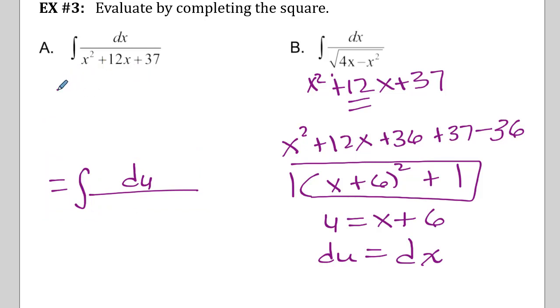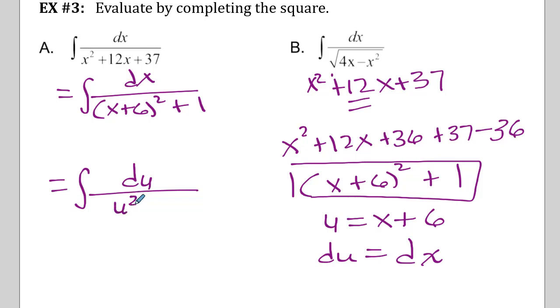We rewrite this as the integral of dx over x plus 6 squared plus 1, and now the integral of du over u squared plus 1, which 1, of course, is already a perfect square.